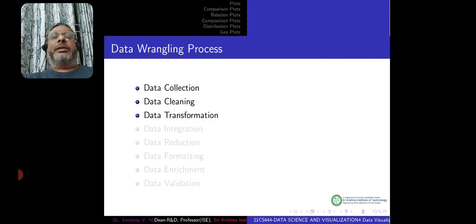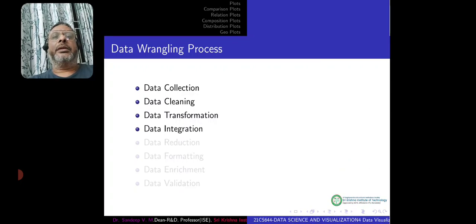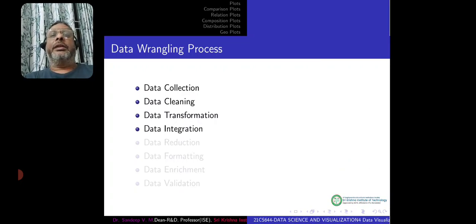So the next step is data transformation, and once the data of various sources are transformed, the next step would be to integrate these data into one data set, because they are coming from various sources.